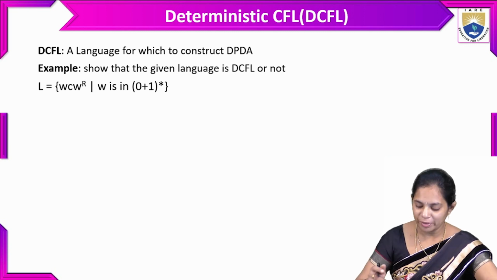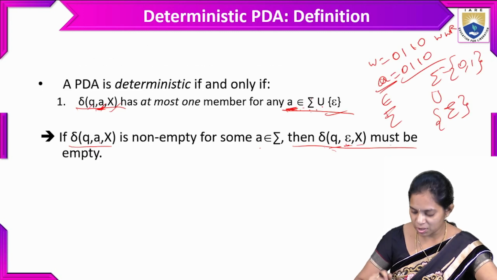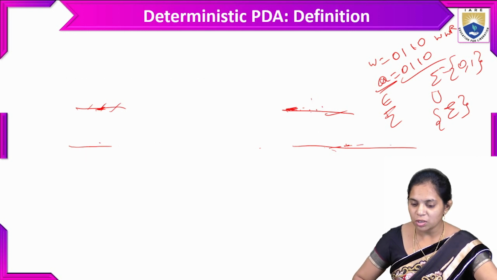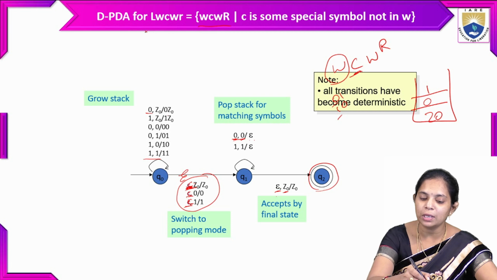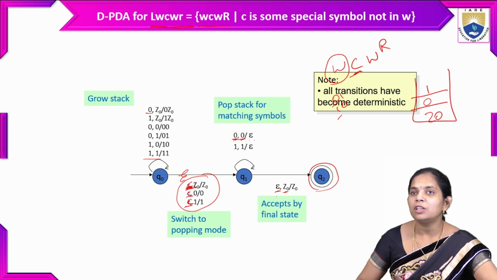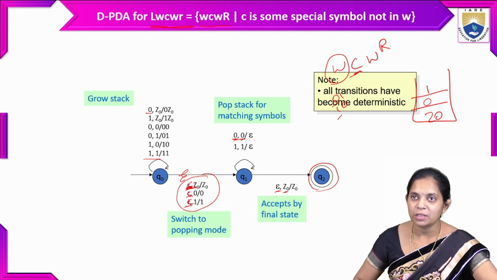Previously we discussed the deterministic pushdown automata. For that construction of the pushdown automata, we used some language. What is that language? It is a deterministic context free language.